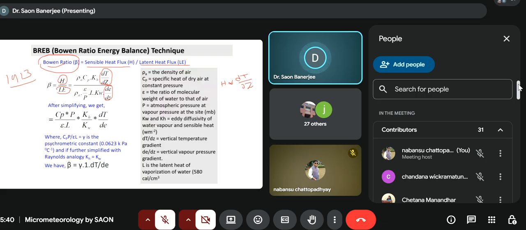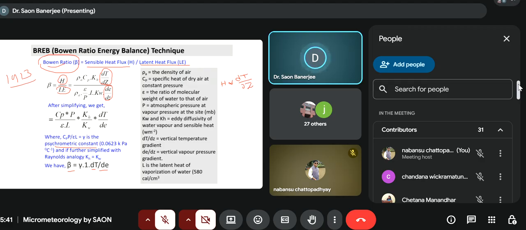So if we know the temperature gradient and vapor pressure gradient, that will give us the Bowen ratio. The ratio is dT by dE multiplied by a constant, known as the psychrometric constant.